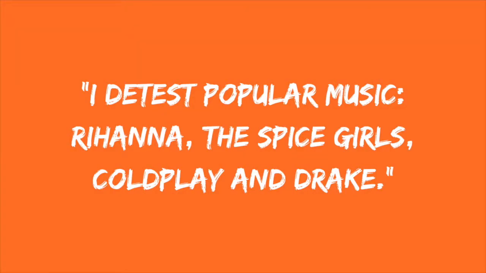The first is introductory, so to format a list, for example. The best explanation of this would be: I detest popular music: Rihanna, the Spice Girls, Coldplay, Drake. That statement is of course an example and a complete lie.